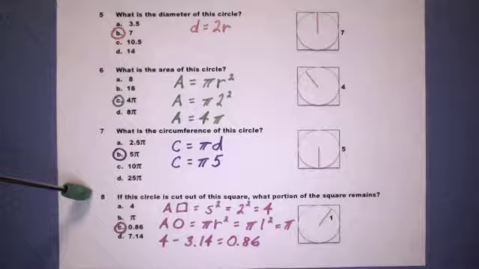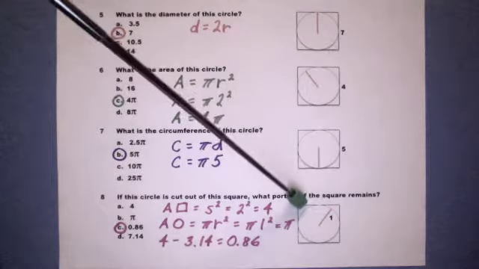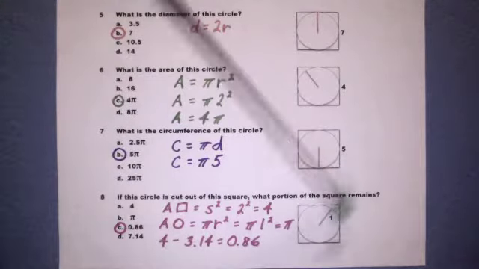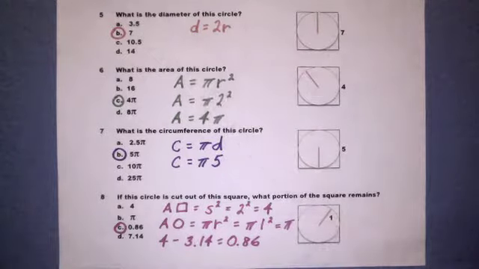Number 8. If this circle is cut out of this square, what portion of the square remains? I want to know how much is this, this, this, and this. So I want you to imagine that you have a block of wood representing the square.